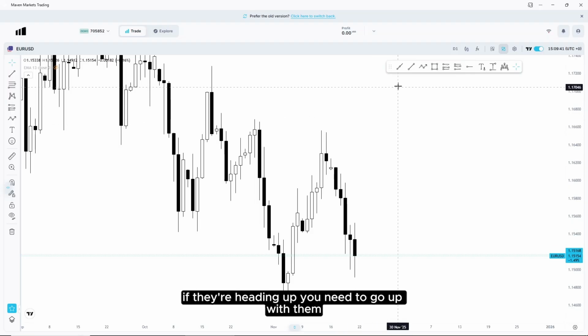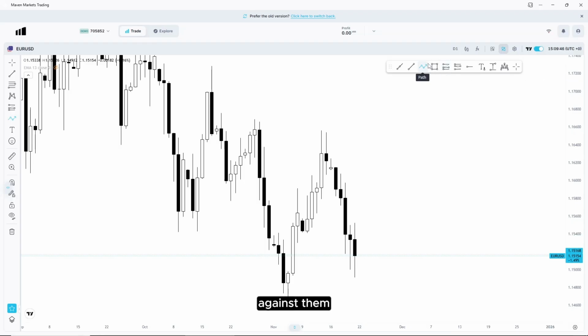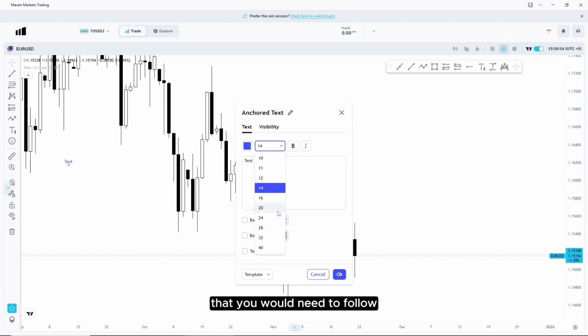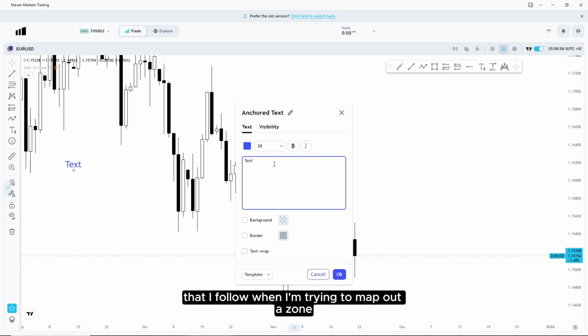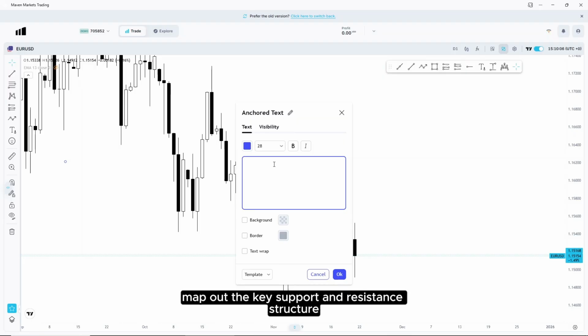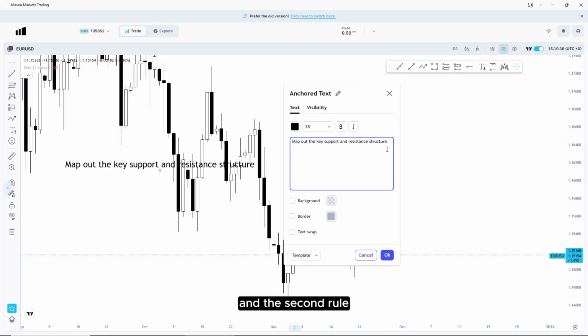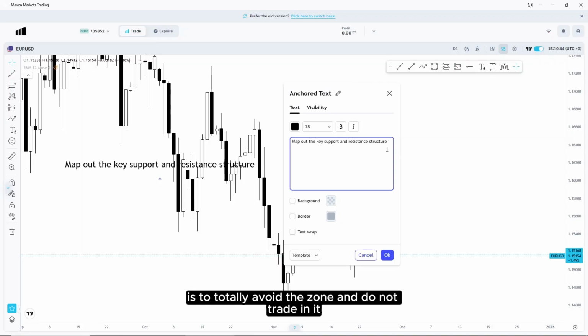If they are heading up, you need to go up with them because you don't have the capital to fight against them. So I have 3 rules that I follow when I'm trying to map out a zone. The first rule is map out the key support and resistance structure. And the second rule is to totally avoid the zone and do not trade in it.